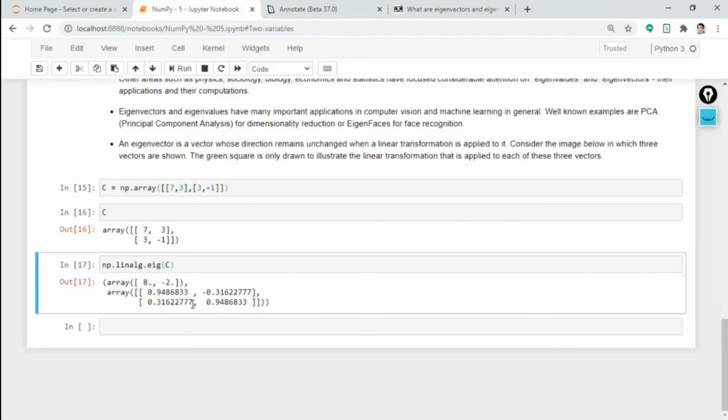Actually, you read this one by column. So the eigenvector of 8 here, you read per column: 0.94 and 0.31. For the eigenvector of negative 2, this is negative 0.31 and 0.94.